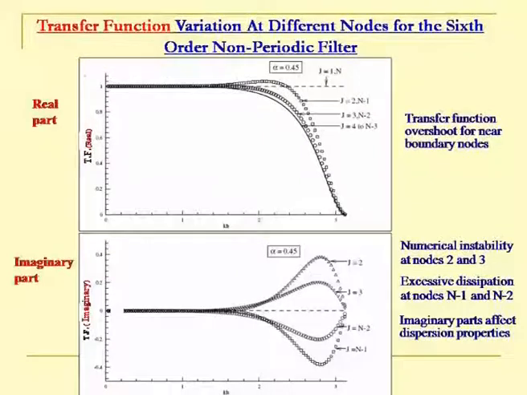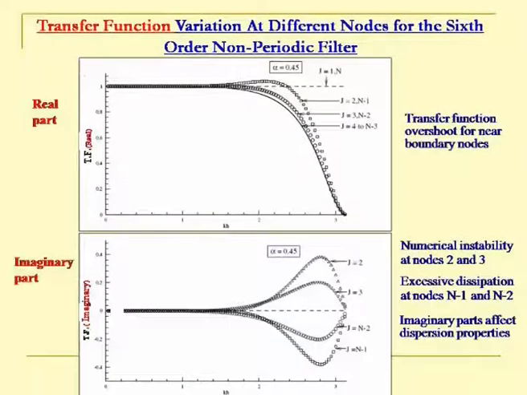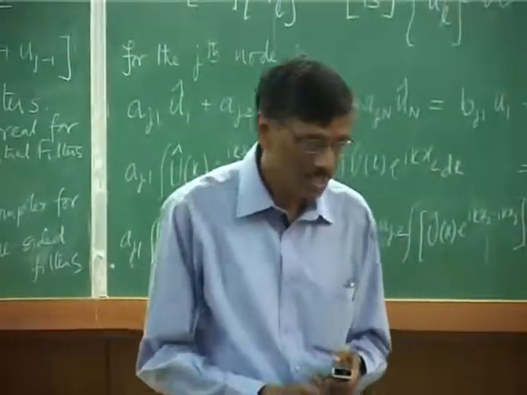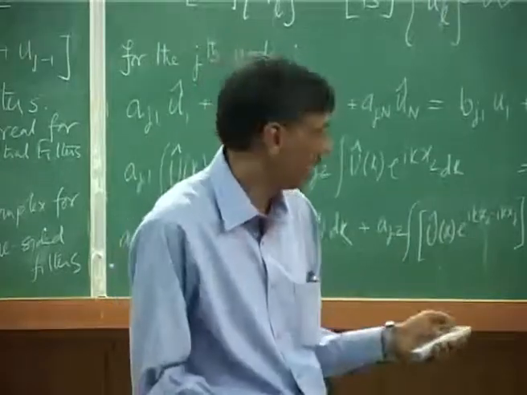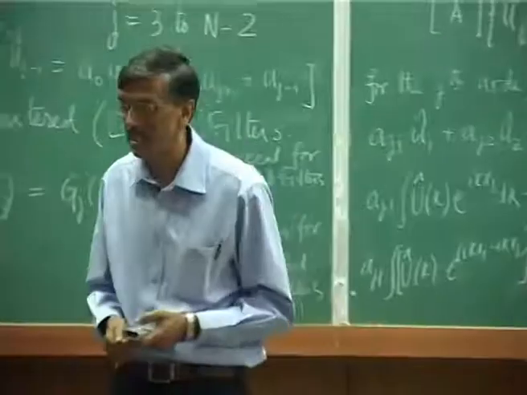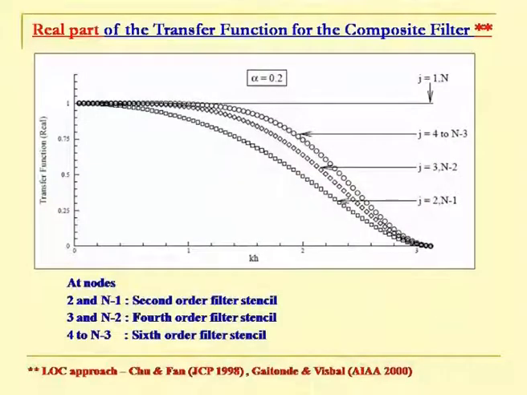So, if we try to use some of these boundary filters as suggested in this paper, then we notice that for j equal to 2 and j equal to 3, we actually end up having numerical instability, as opposed to what was our initial intention to stabilize the computation. It actually destabilizes near the boundary, whereas of course on the other side you have the complementary phenomenon, it actually attenuates much more severely.